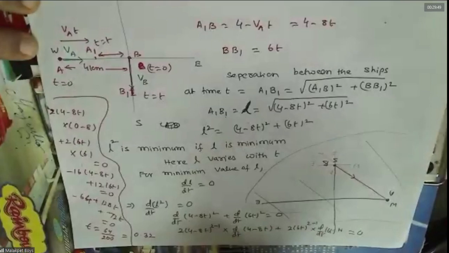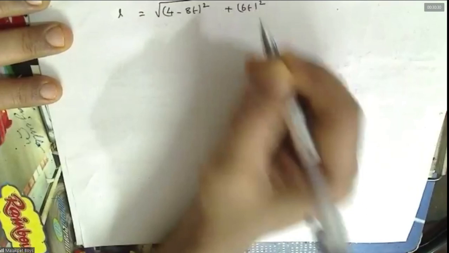Right. Now, what is it you got? L is how much? (4 minus 80 t) whole square plus 60 is the separation at any time t. Okay.